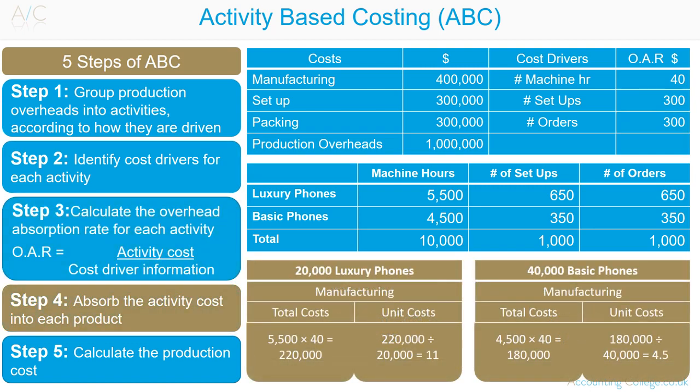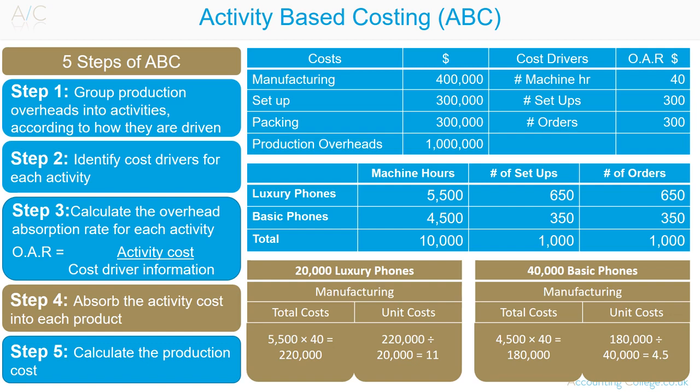Step 4. Absorb the activity cost into each product. This can be done on a total production per product or on a per unit of product basis. If there are 20,000 luxury phones produced and 40,000 basic phones produced, the total activity costs and the activity costs per unit would be: for manufacturing of luxury phones, take the 5,500 machine hours to make luxury phones.